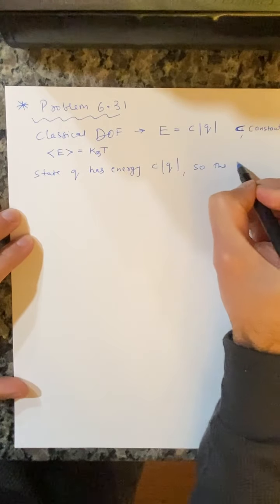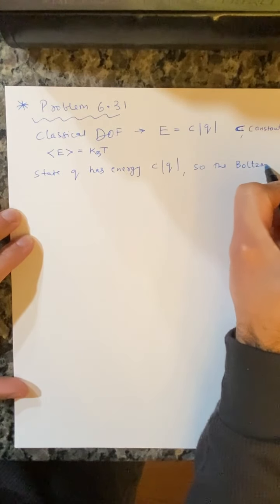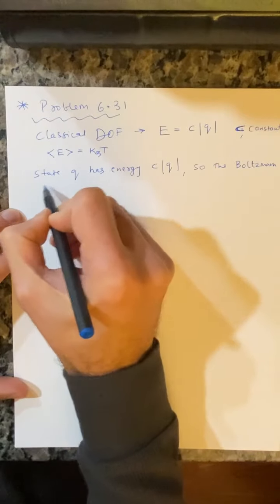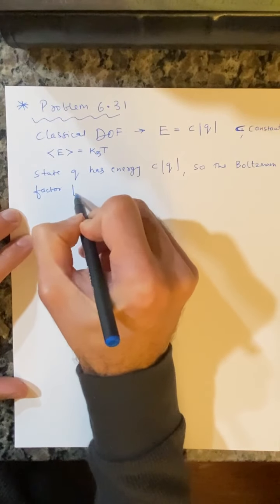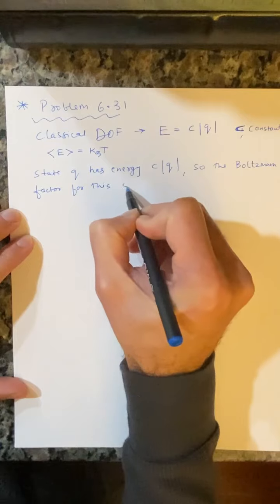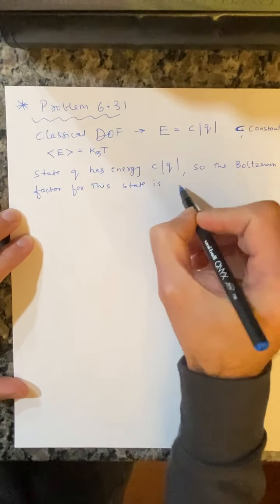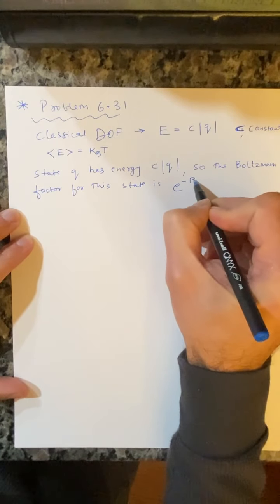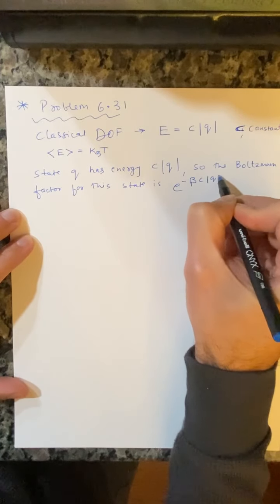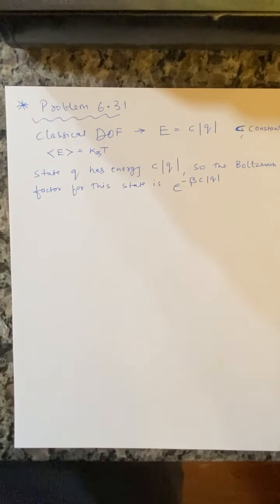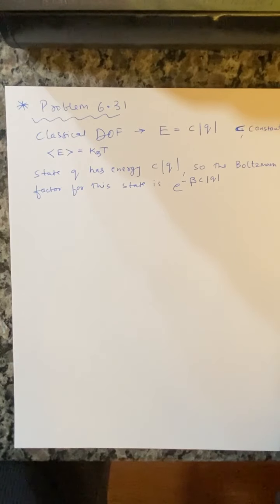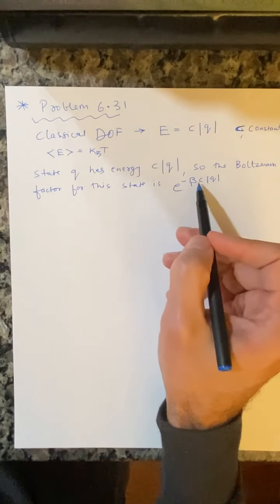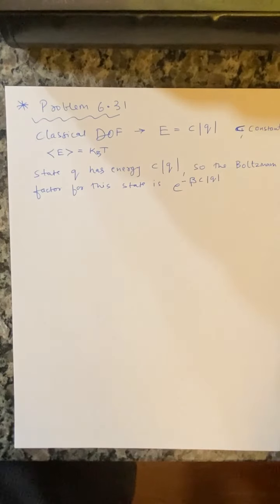The Boltzmann factor for this state is e raised to minus beta C Q. By this time, I'm assuming you all are now familiar with how to quickly put things in terms of Boltzmann factor. You're always going to do that exponential relationship, e raised to minus whatever that energy is over kBT, because 1 over kBT is beta, that's what I have here.